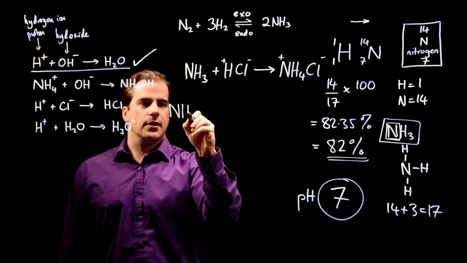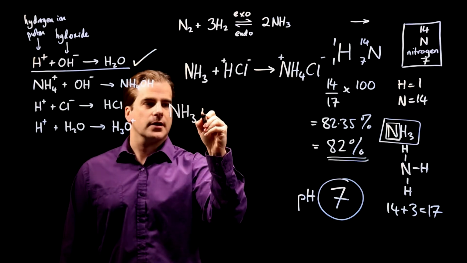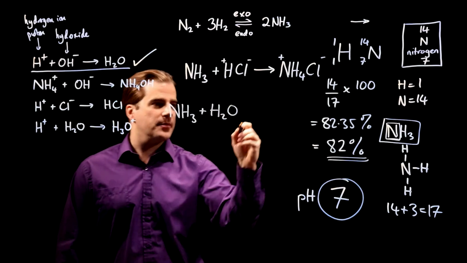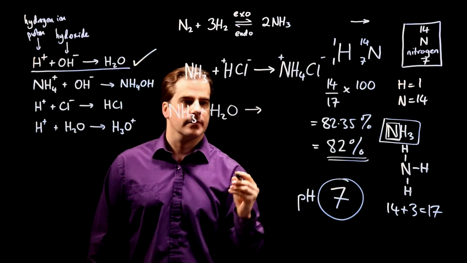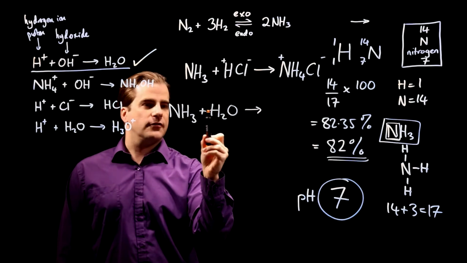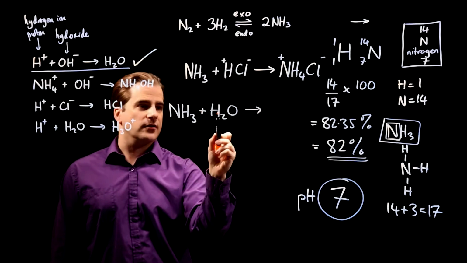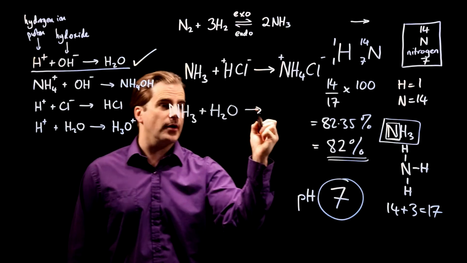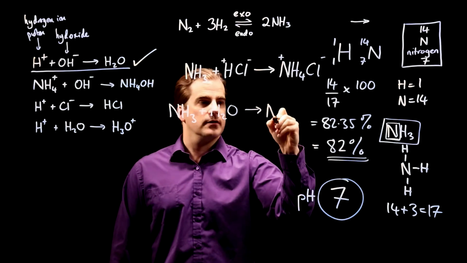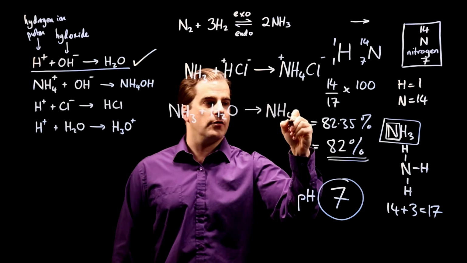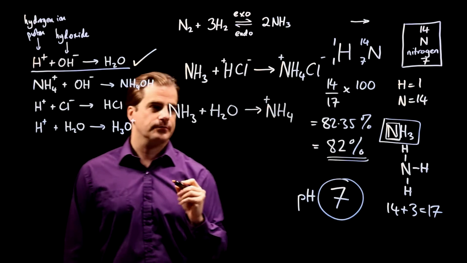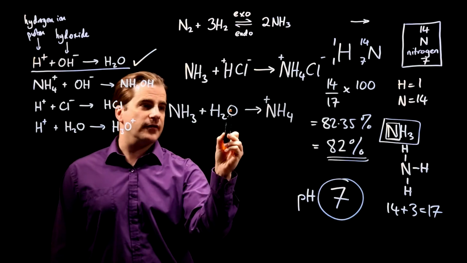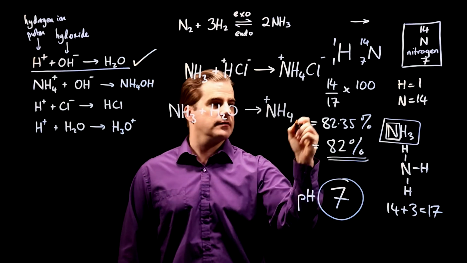If you put ammonia in water, okay, what happens is it forms ammonium hydroxide. One of the hydrogens from the water goes onto the ammonia to form ammonium, NH4+. Okay, it takes one of these hydrogens, leaving OH- behind.